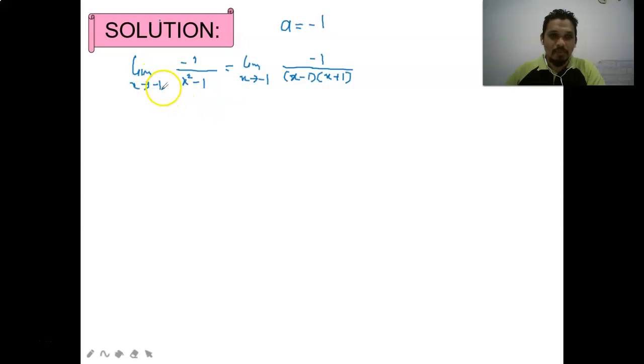So this is x approaching a, where a is negative 1. So now, let's say this is negative 1.